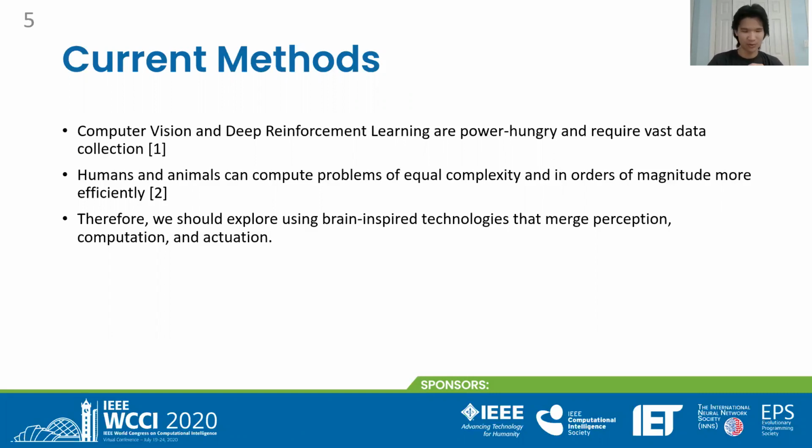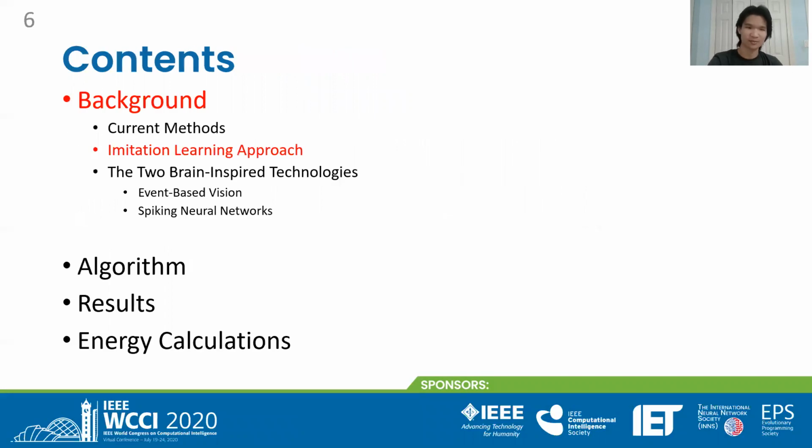So this is why we want to take a look into brain-inspired technologies and understand the relationship between perception, computation, and actuation to understand how we can make robots that don't need a lot of data to do intelligent movement, and don't need a lot of electrical power to be able to pull off these algorithms.